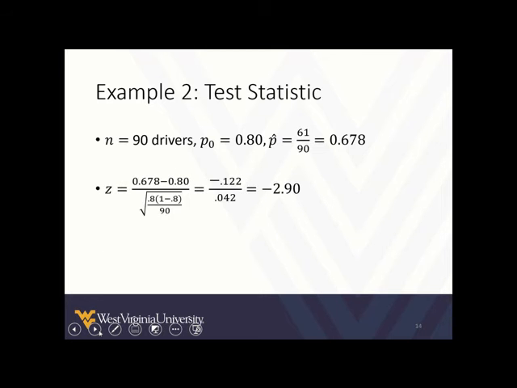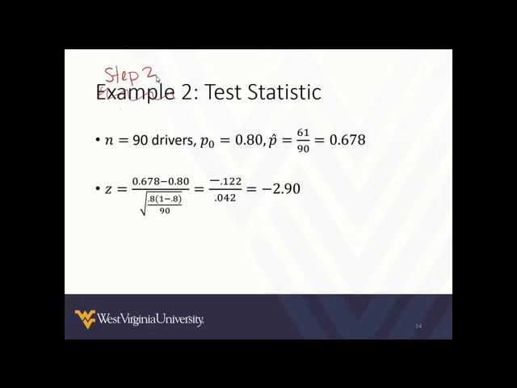And so now we can plug into our test statistic. And I apologize, this should say step 2, not example 2. We're not quite at example 2 yet. And so z will equal 0.678 minus 0.8, all divided by the square root of 0.8 times the quantity of 1 minus 0.8, all divided by 90.